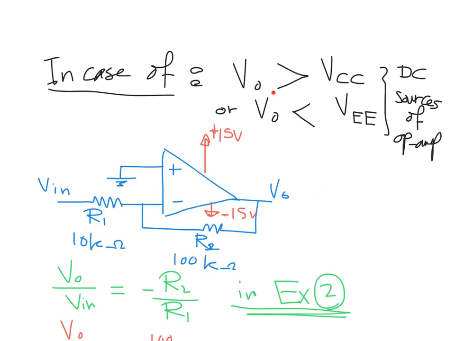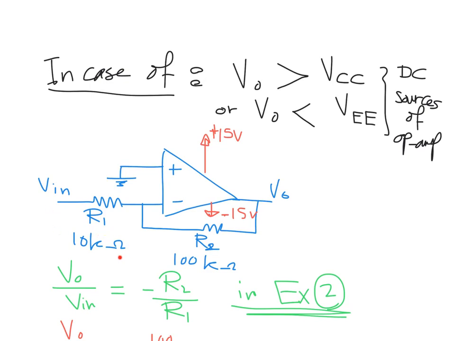So what happens if this VO is greater than this value, or VO is less than the smallest value of the negative voltage, or even if this one is the ground, for example? Let's assume here a signal Vn for this inverting amplifier.